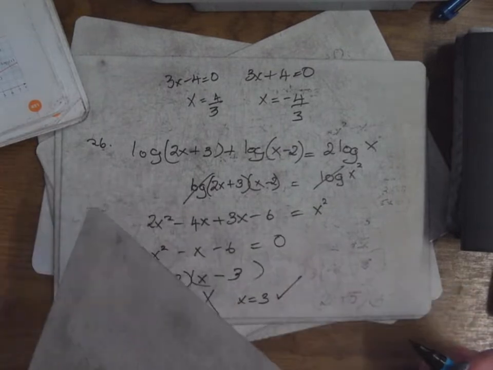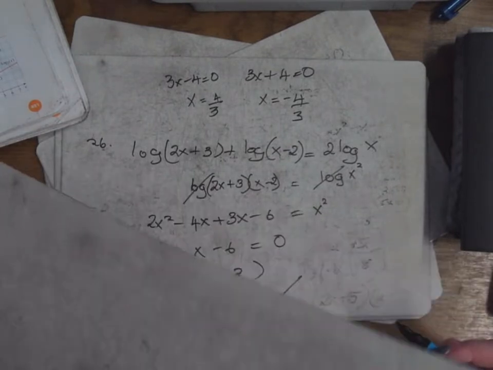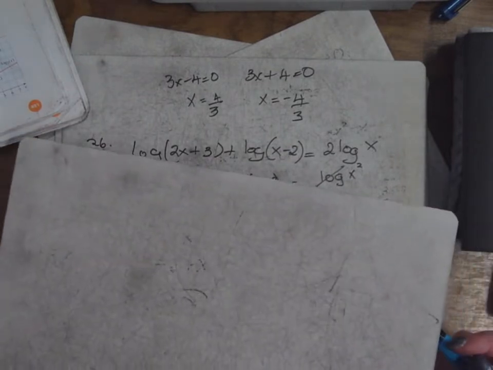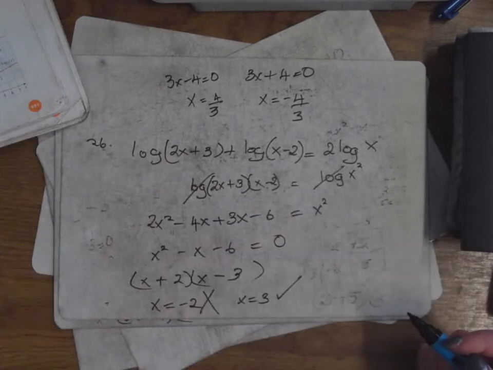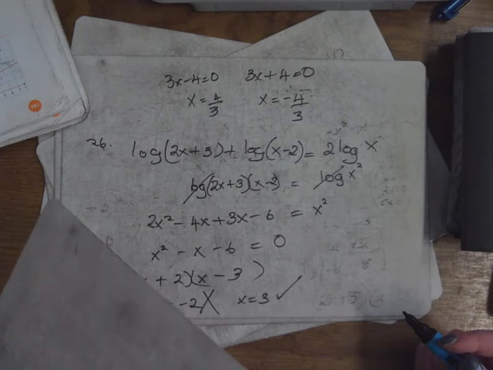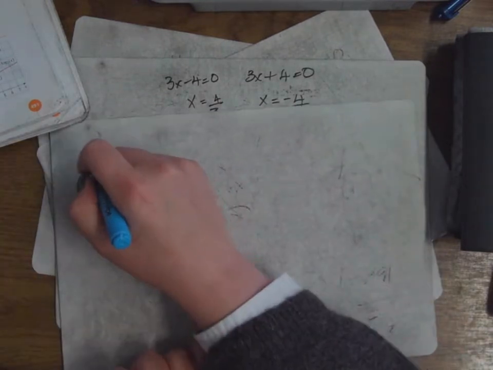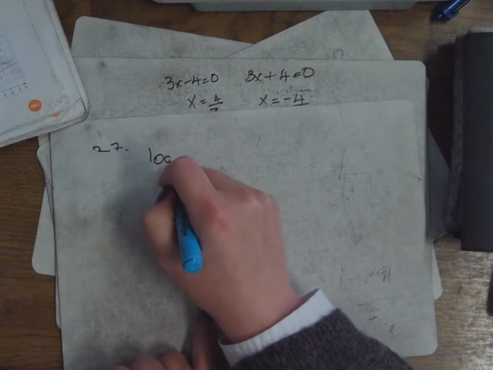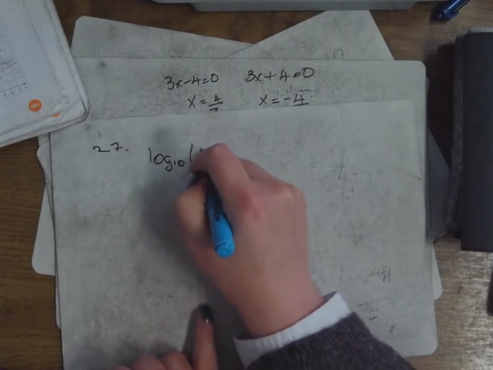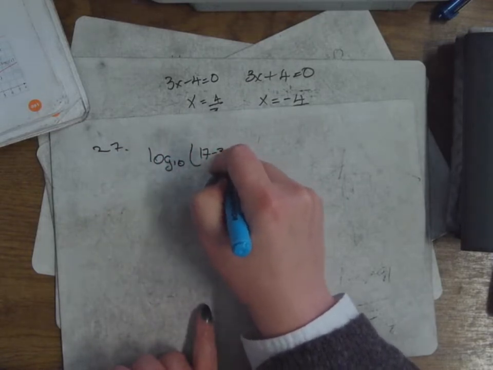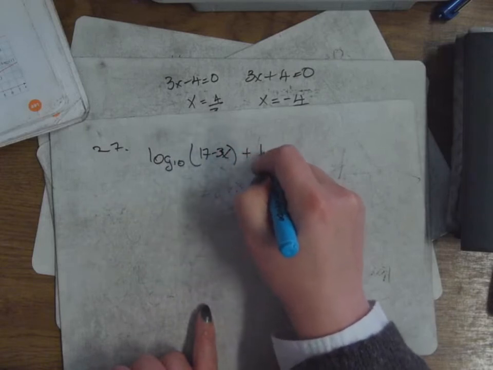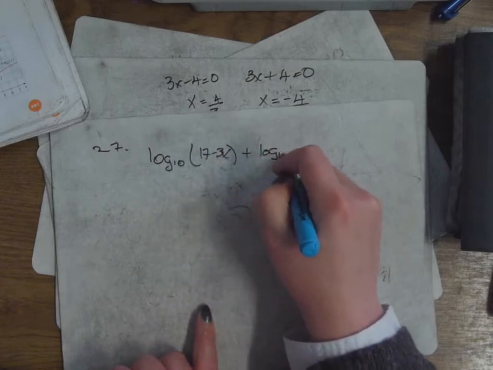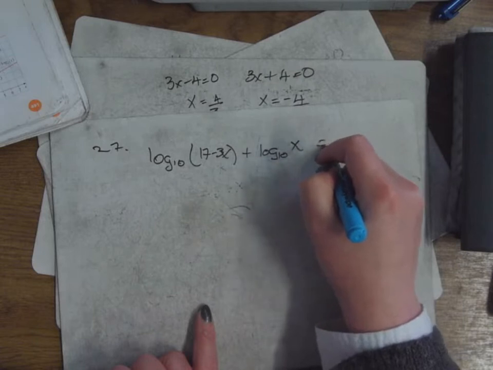Question 27. Log to the base 10 of 17 minus 3x plus log to the base 10 of x equals 1.